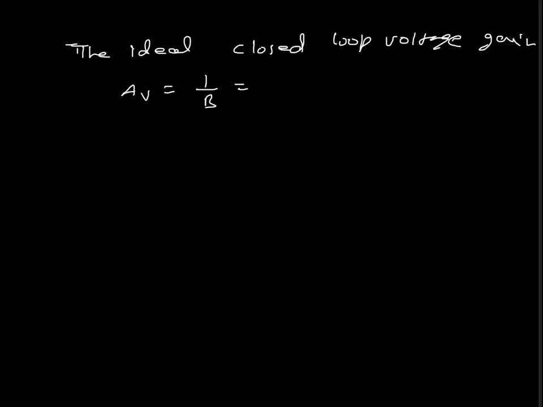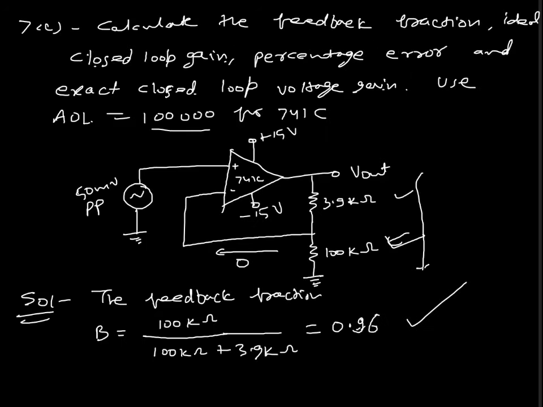Okay, so the B value we got is 0.96, so 1 by 0.96. This will come as 1.04. So this is the ideal closed loop voltage gain.